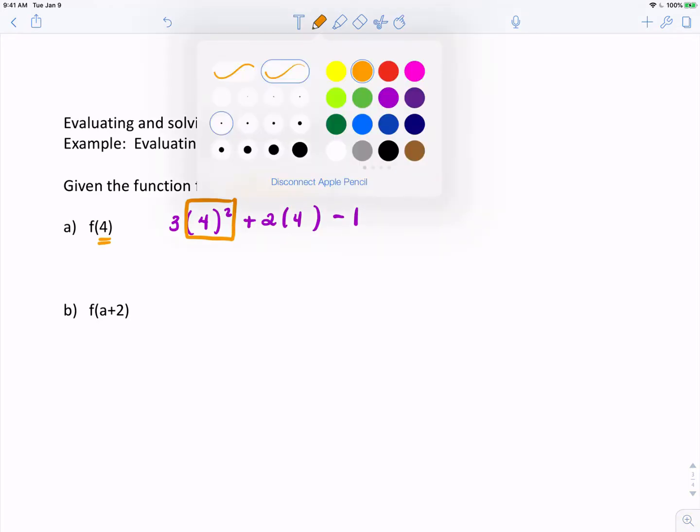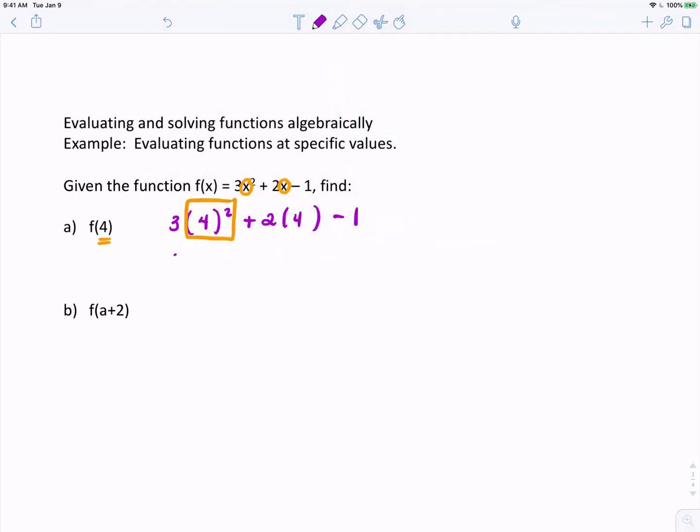So in other words, we would have 3 times 4 squared, in other words, 3 times 16, plus 2 times 4, which is 8, minus 1, or in other words, 48 plus 8 minus 1. And if we combine these all together, we get an answer of 55. So notice that when we put in a number, our output is also a number.